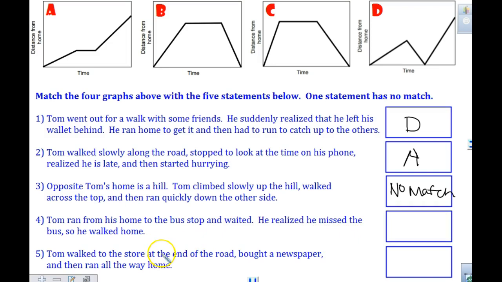So here we're walking, right? And here we are running. So C, steeper, right? Graph means that we are going faster, right? So this was our run. Whereas if we are looking at this one, this is where we were walking, right? So where he walked to the store. So I agree this one probably should be B. So you need to be able to give a reason each time.